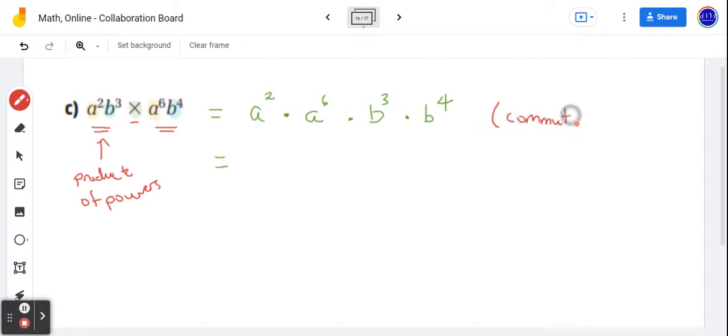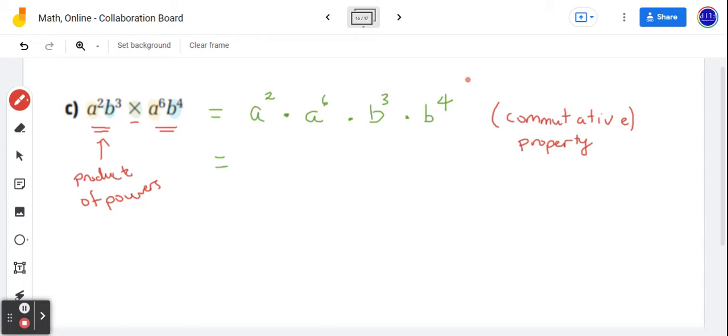To commute terms means that you can change the order in which those terms are presented. In this case, it's the commutative property of multiplication. So the order in which you multiply terms together will not impact or change the answer.